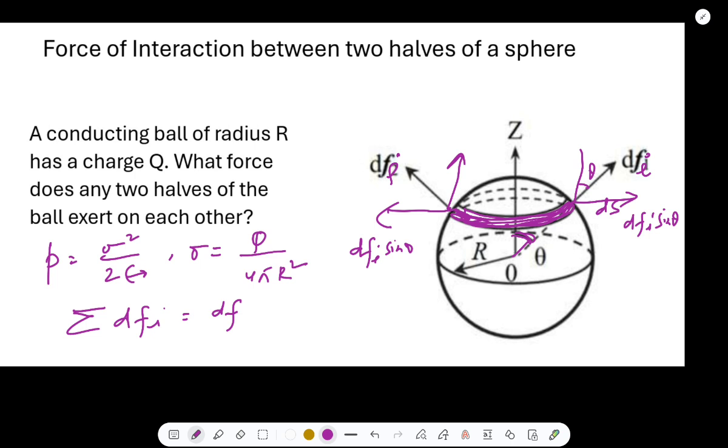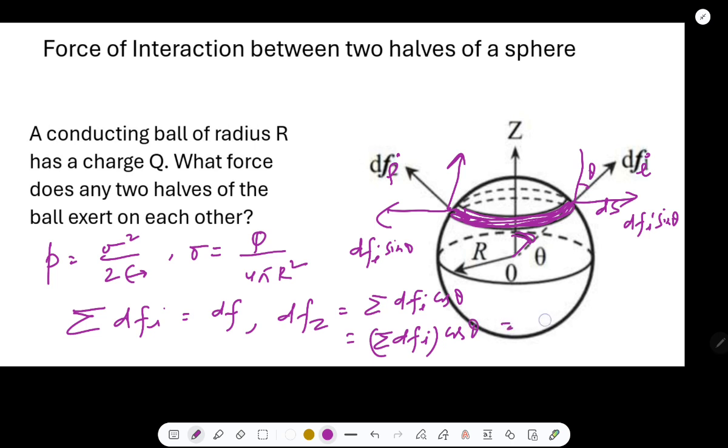The net force along z axis, dfz, will be the summation of dfi cos theta, where cos theta is constant for each dfi, so it becomes the summation of dfi multiplied by cos theta.